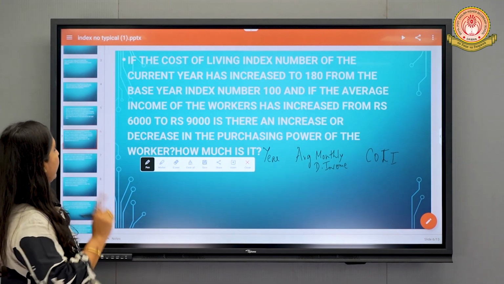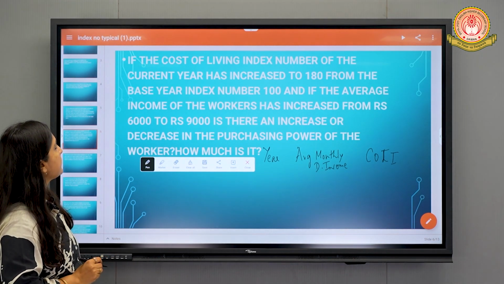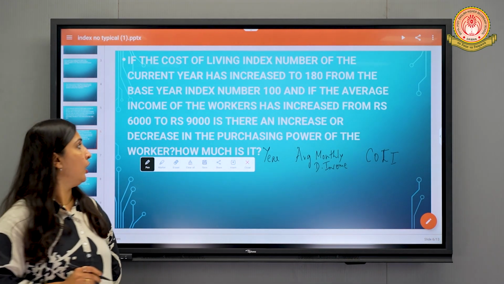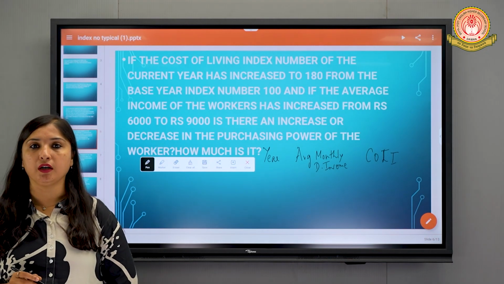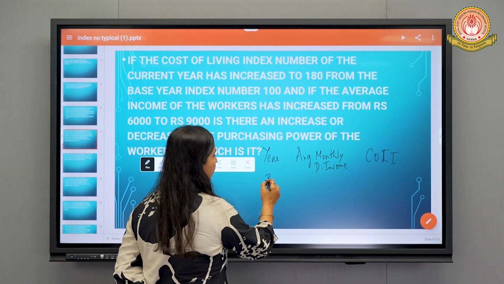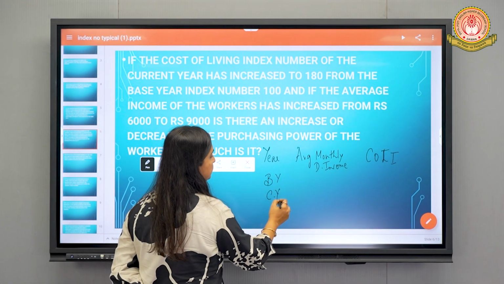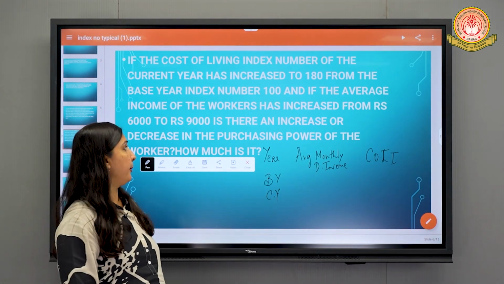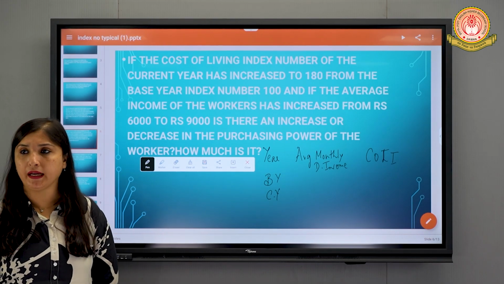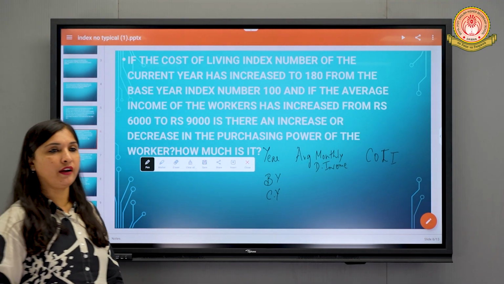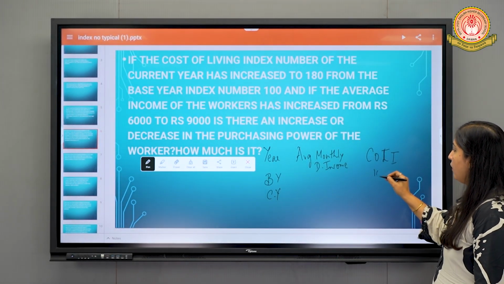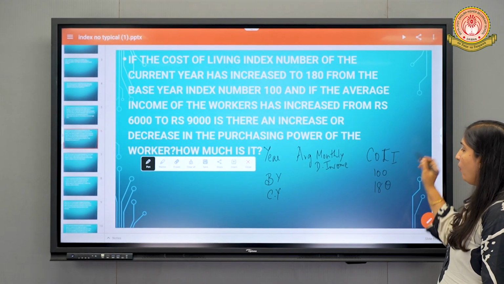Starting from the first thing, the cost of living index number for the current year has increased to 180 from the base year 100. The year is not mentioned. If it is given, you can write the year, but it is not given. So we will write base year, and here we will write current year. It is told that the cost of living index has increased to 180 from 100. We already know if it is not given, we have to take 100 only. But in this question, it is already said that it is increased from 100 to 180.